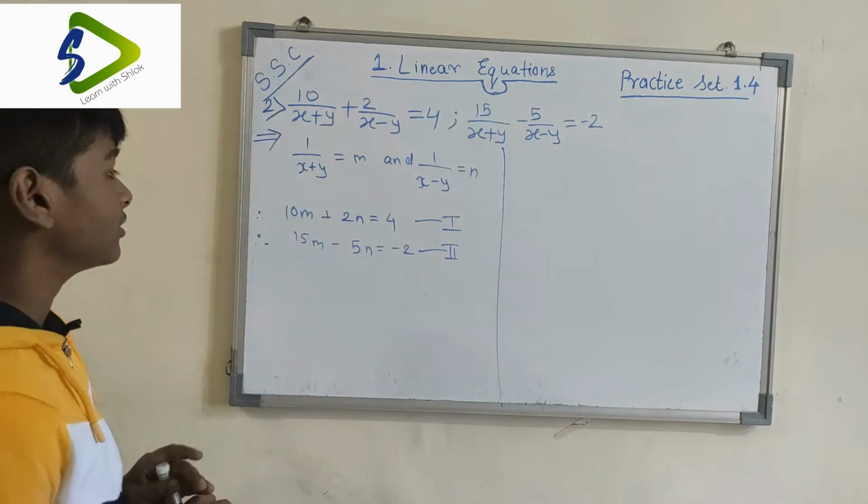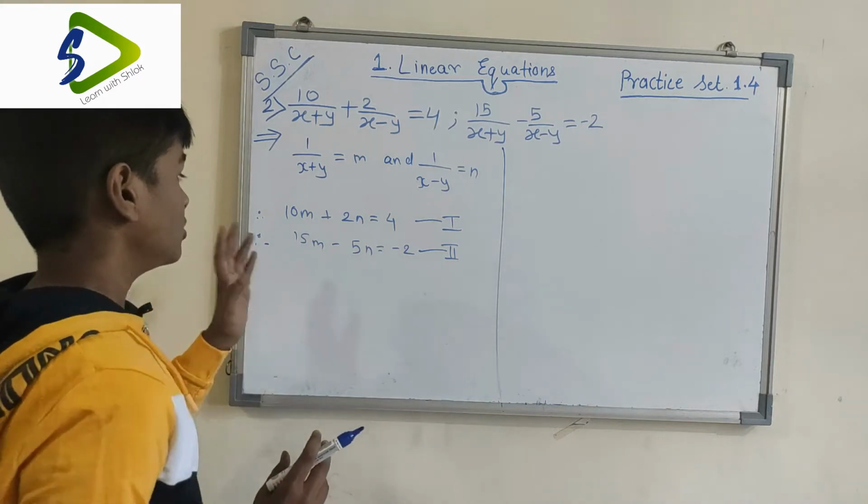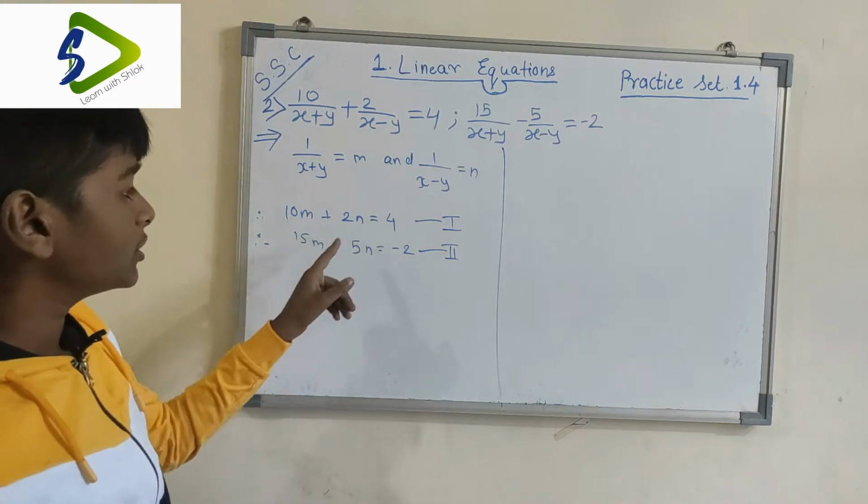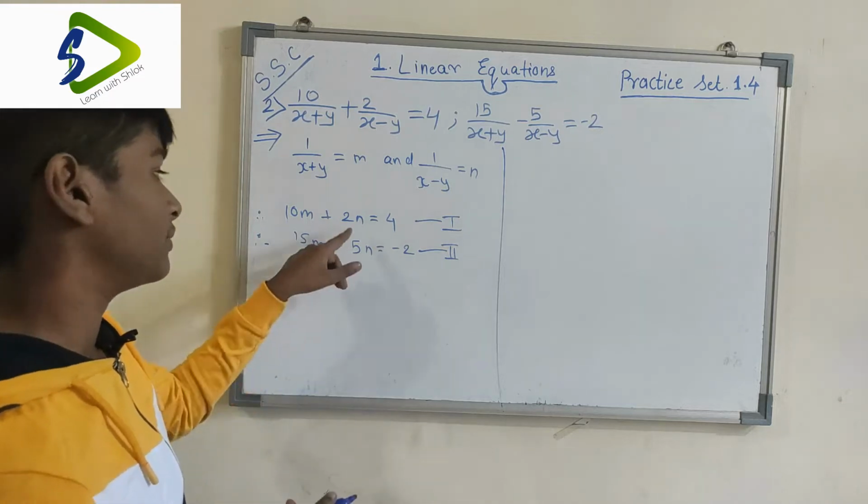Now we have the first and the second equation. Now we can do the elimination method. So let's multiply the first equation by 5 and the second equation by 2, so that we can cancel the n.